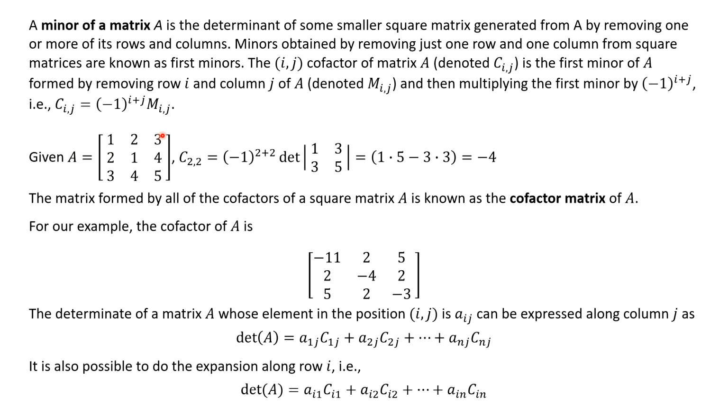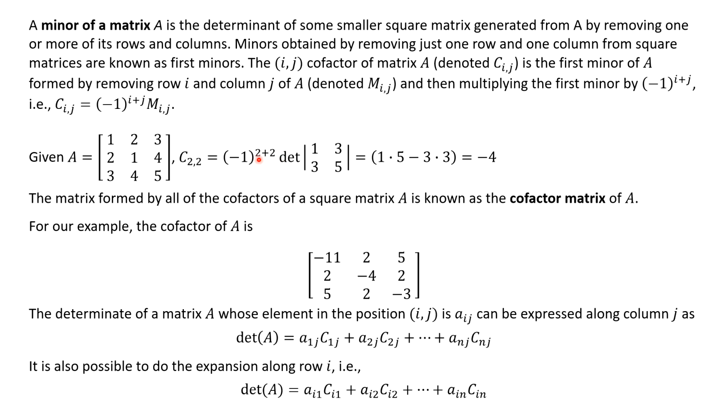So let's take matrix A given by this, and we'll compute one of the cofactors, C22. That means we need to remove the second column and the second row, and what's left is 1, 3, 3, and 5.